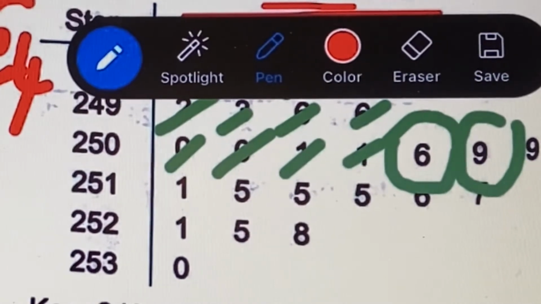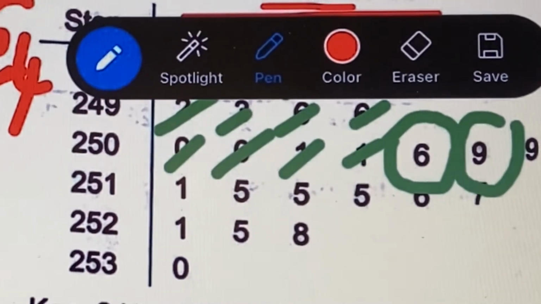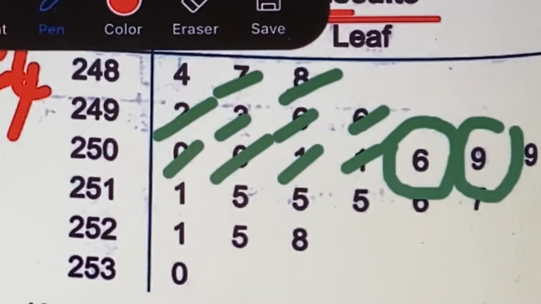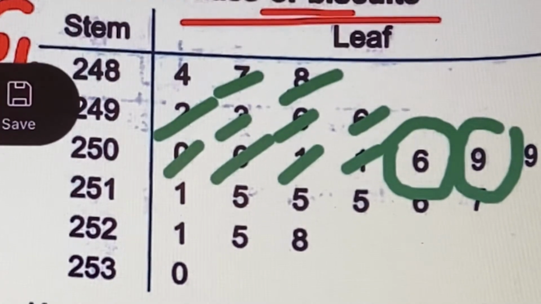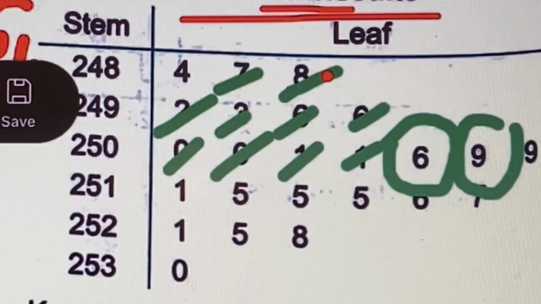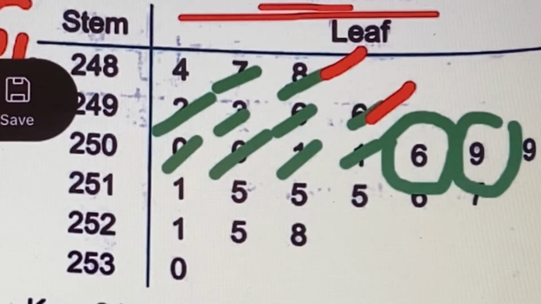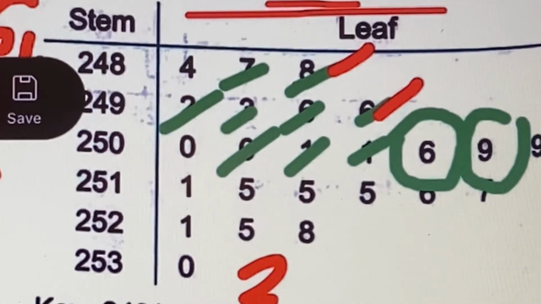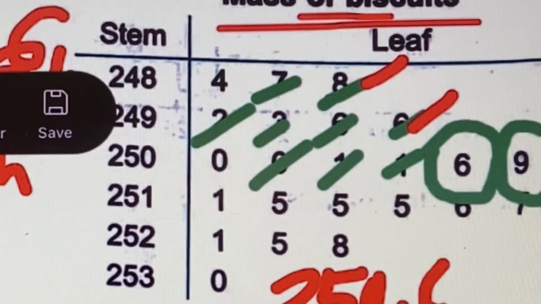Q1 is 1 over 4 times 24, which is the 8th. So we need to find the 18th minus the 8th for the interquartile range. So first we find the Q3. The 8th is 250.0, right? 250.0.